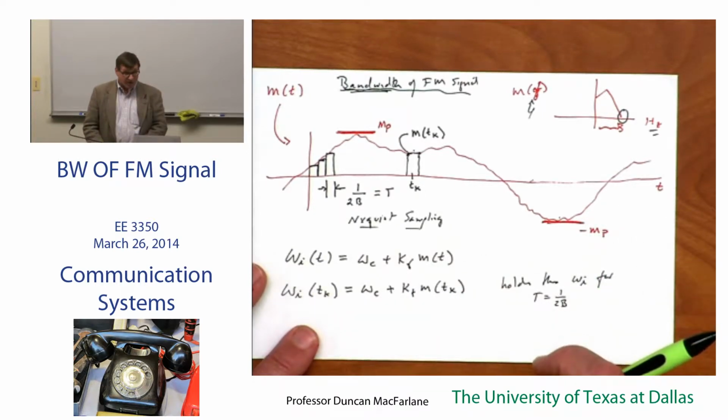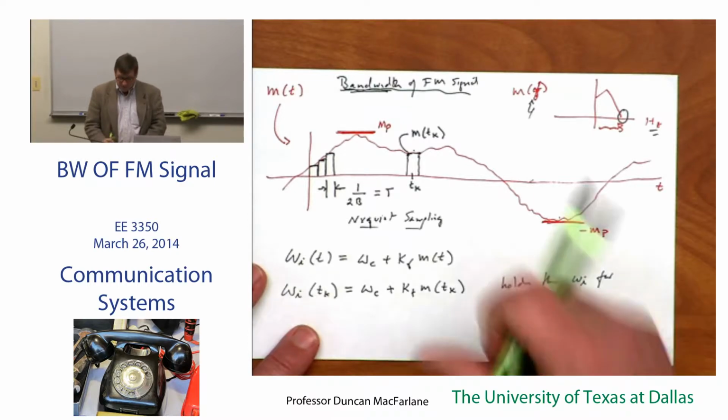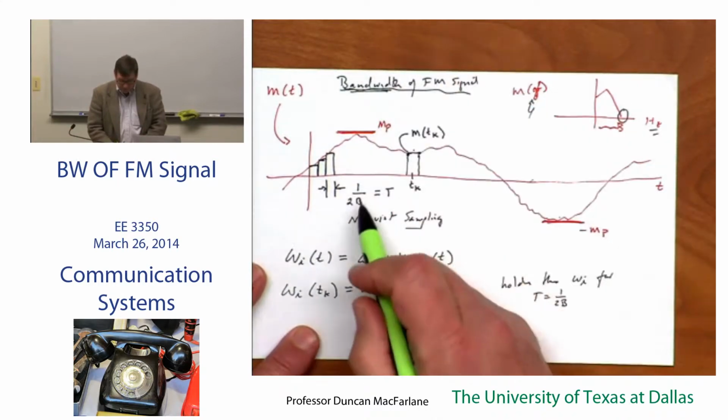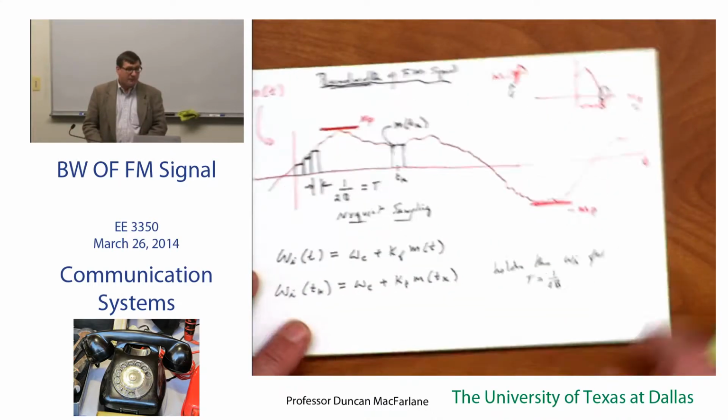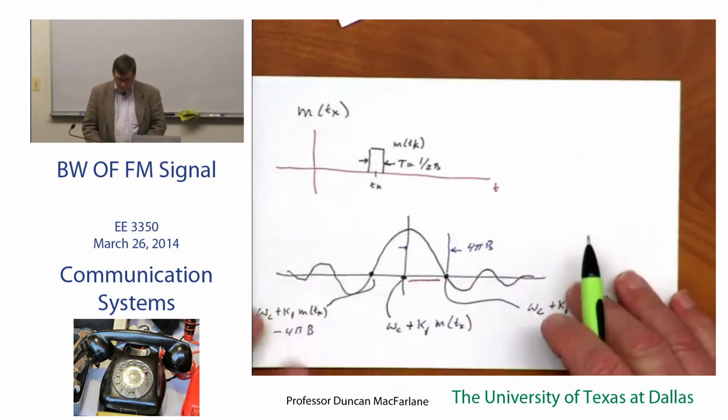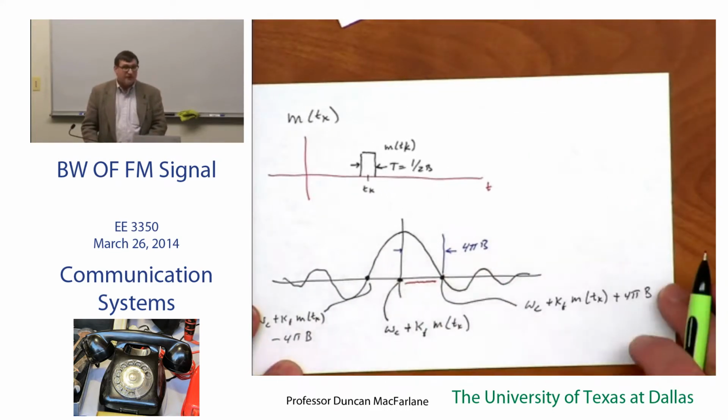But that's not completely true. Not exactly true, because I'm holding my point for a duration of 1 over 2B, which means I have an uncertainty in my frequency that is a sinc function. And the sinc function has a width.